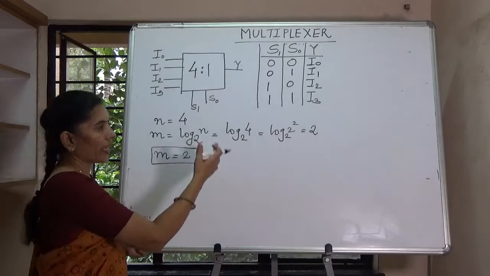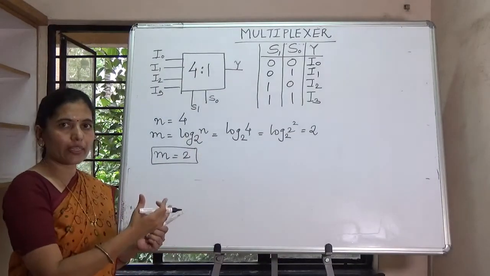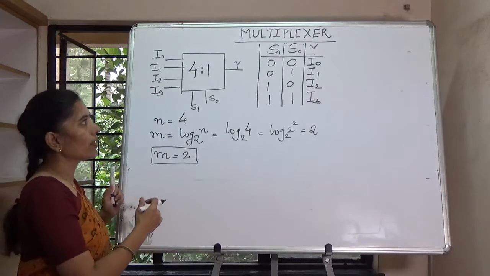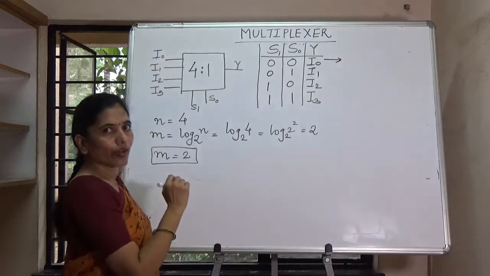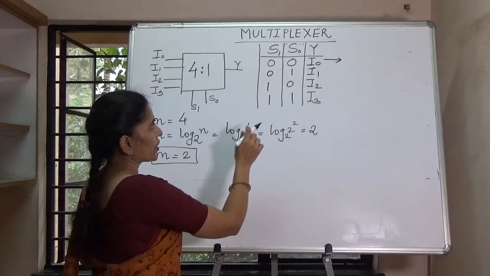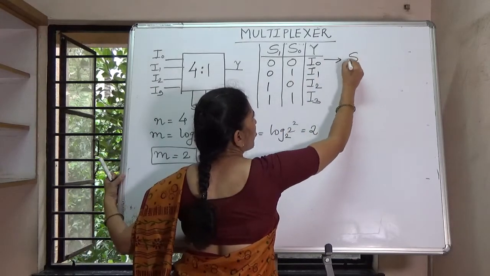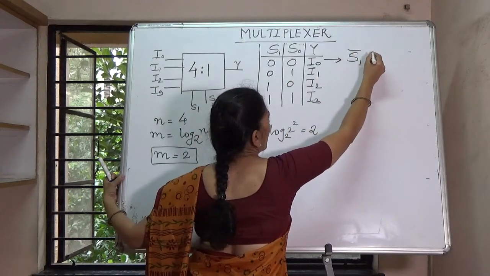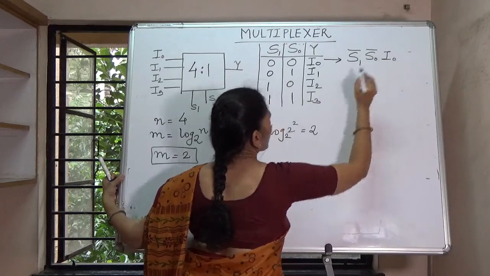Now we can write an equation for the 4:1 multiplexer with the same product terms as we did for 2:1. So let us look at what would be the product term for this first entry. This is S1, S0, so both are 0, 0, so it will be S1 bar, S0 bar into I0.